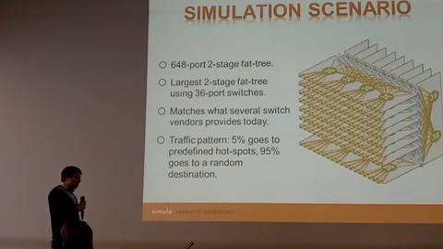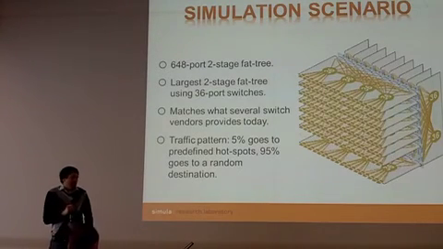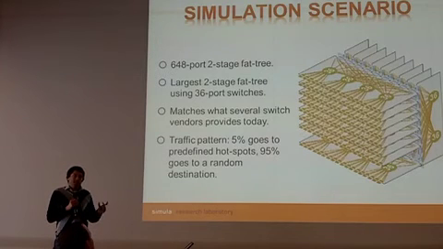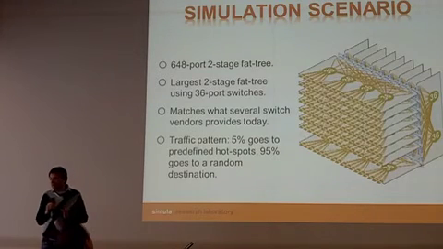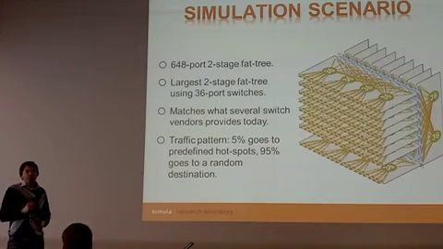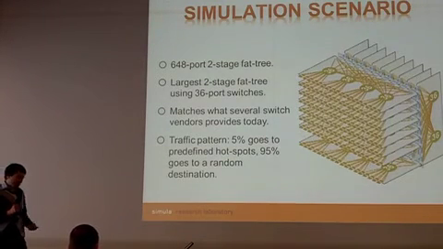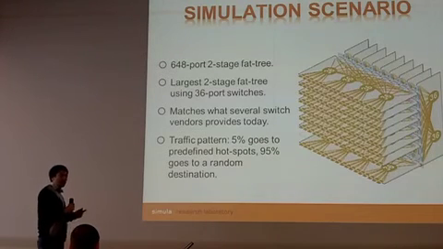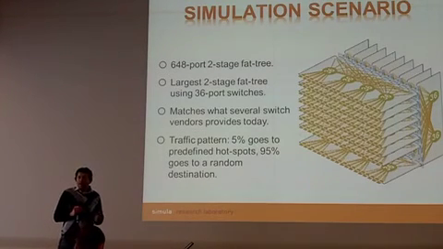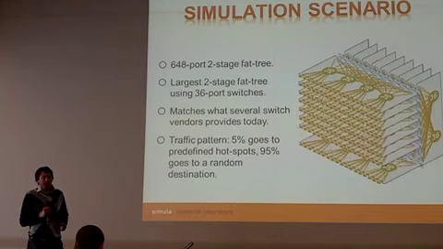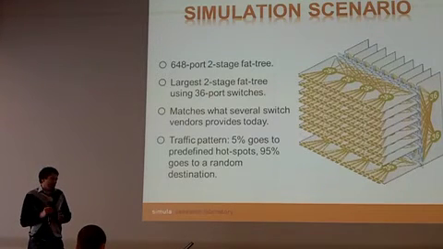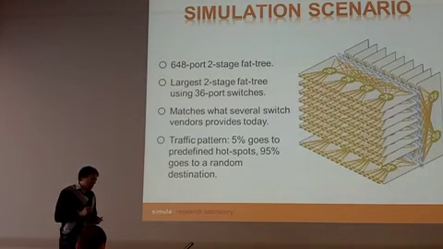On this topology, we have applied a traffic pattern where each host sends 5% of the traffic to a hotspot, and the remaining 95% to uniform distributions. This is not a very realistic traffic pattern, but it catches the fact that usually there are a few destinations that see a lot of traffic, which is a common phenomenon.